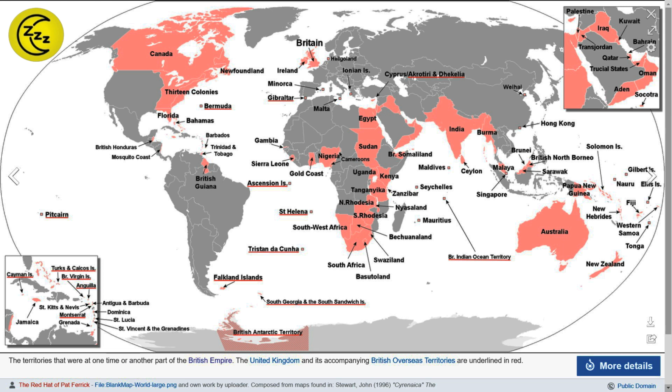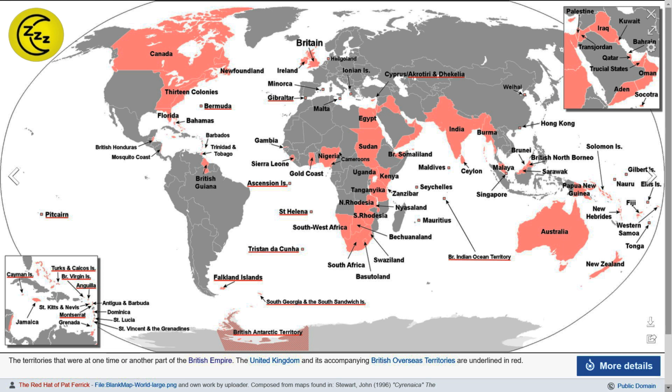In 1847, it was put into effect in the colonies in Canada, and it was later extended to the Australian colonies, New Zealand, and to the Cape Colony and Natal in southern Africa.